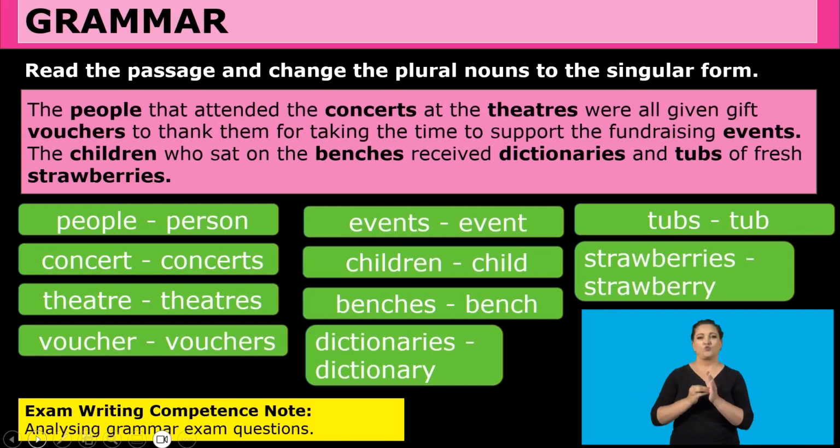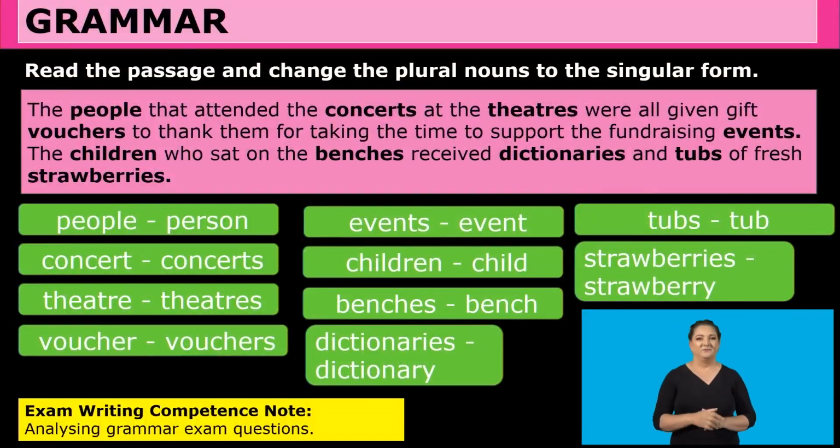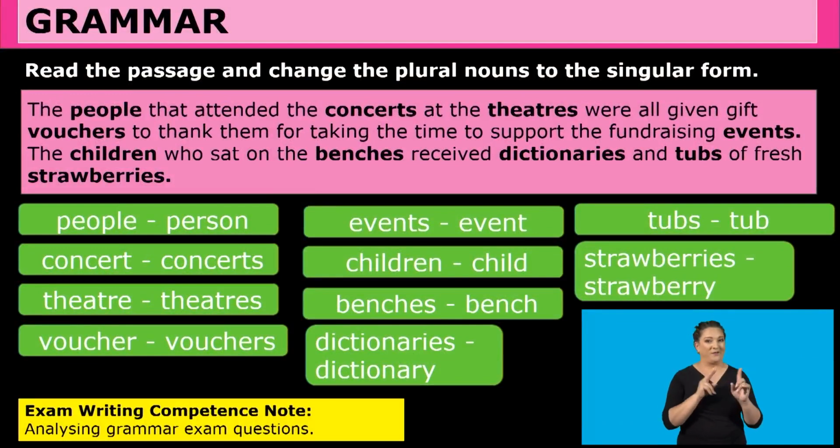Now, let's see. People, person, all right? So I want you to see in examination settings, this is the kind of examples that you will be given in order for you to change your singular to plural, or in this passage, the plural to the singular. So you need to take note of your rules and how to apply them.